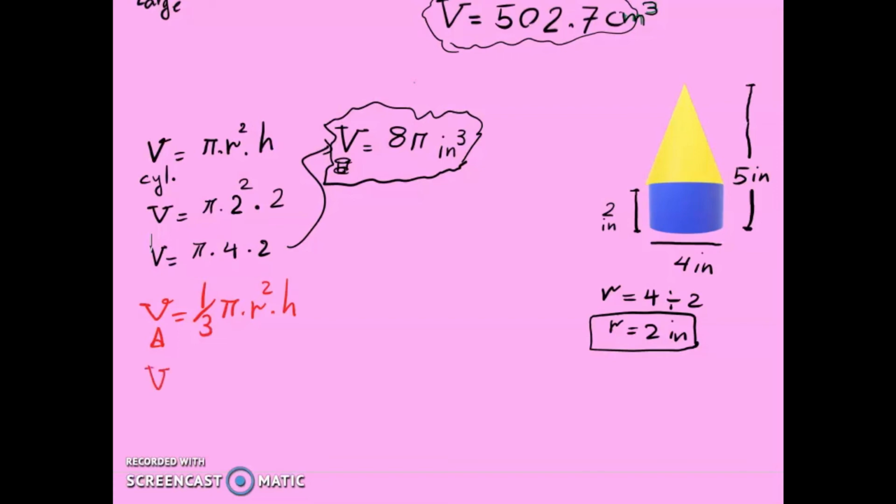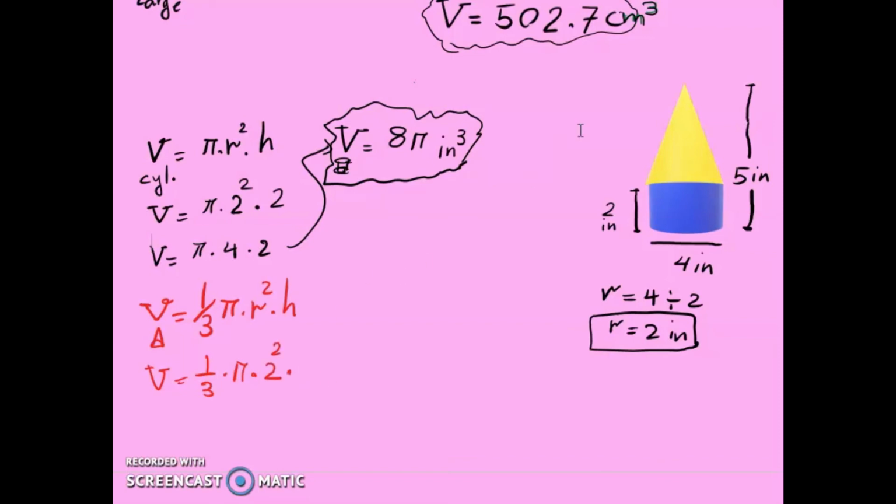So the volume is 1/3 times pi times r squared. What is the radius of this cone? It is exactly the radius of the cylinder, because both are sharing the same face, the same base. As a result, the radius is 2, squared, times the height.